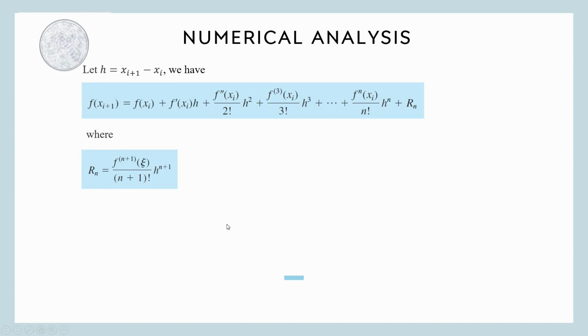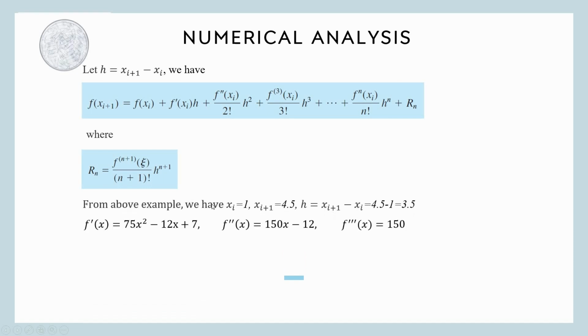Now, for this example, as I mentioned before, the base point x_i equals 1, and the prediction point is 4.5, and h is the difference of these two: 4.5 subtract 1 equals 3.5. Also, as we can see in the Taylor series expansion, we have the derivatives.